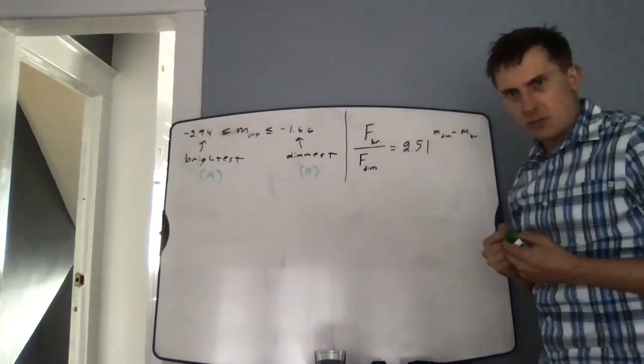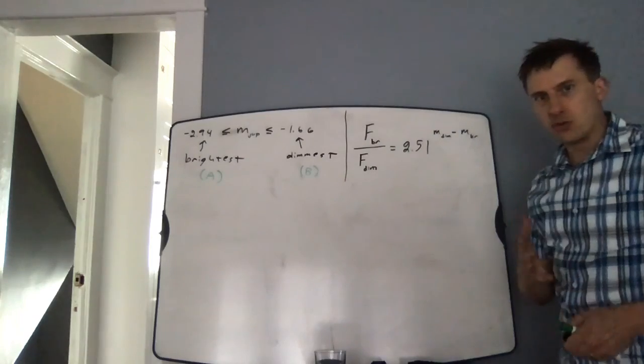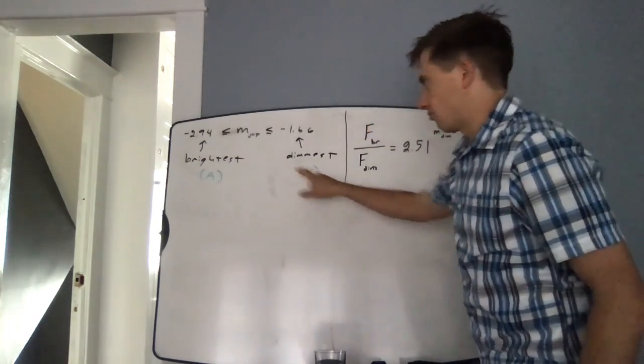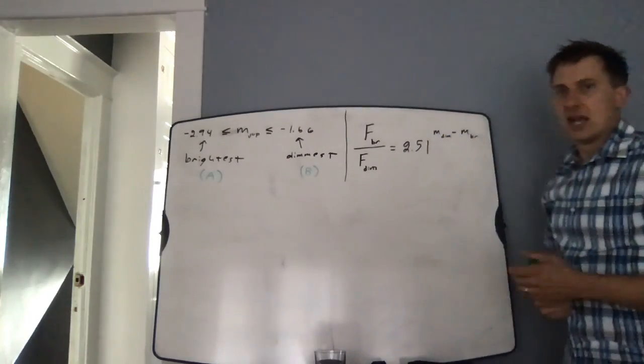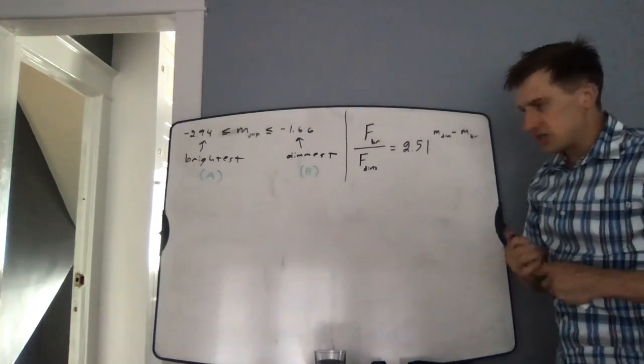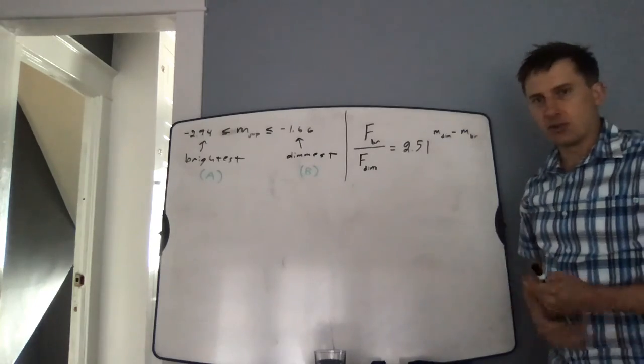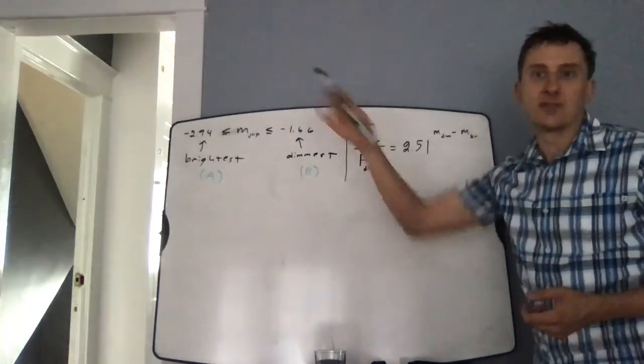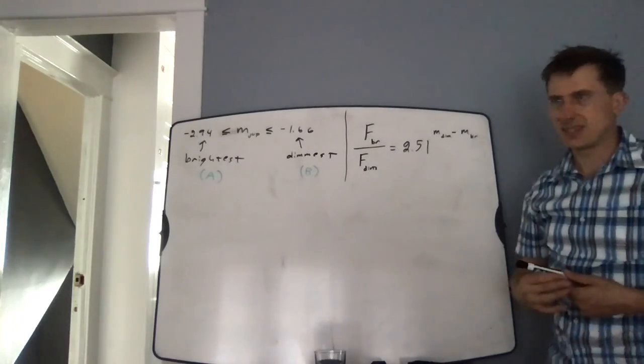Okay, so you might be wondering, why not just have brightest start with B? Why not just have bright B and dim A? The reason I wanted to do that is I'm going to make my life a little bit simpler down the road. I know at its brightest, Jupiter gives off more light than when it's at its dimmest.